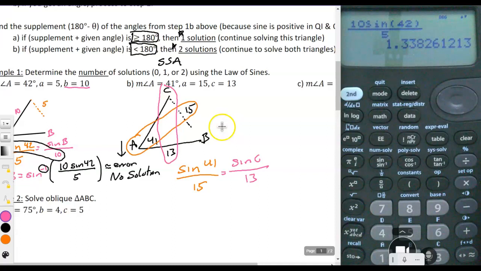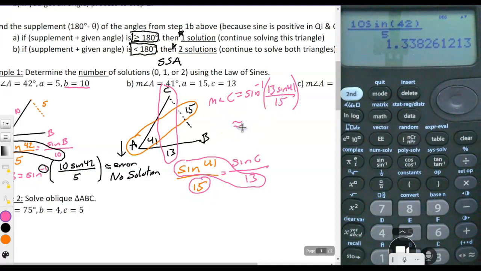So do the work, and I think the C comes out to, I can't remember it. It's going to be the arc sine of 13 times sine 41, all over 15.